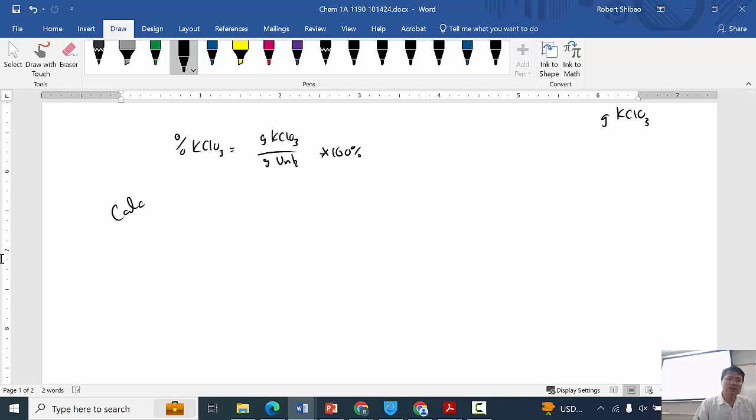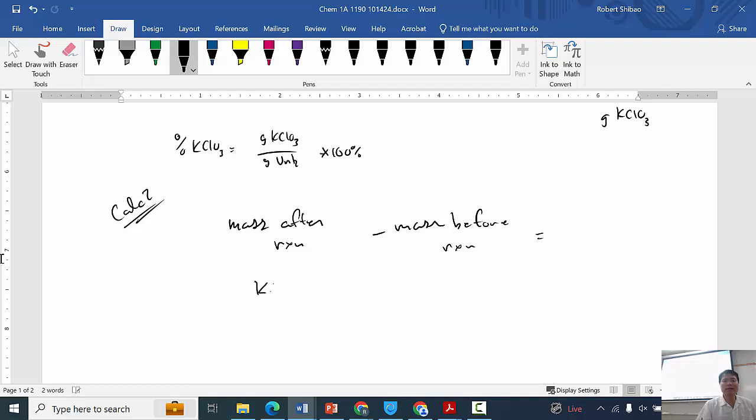There's calculation 2, which requires us to take all these mass measurements. So the mass after reaction minus the mass before reaction is equal to what? Okay, so the mass after reaction, what do we have in the test tube now?